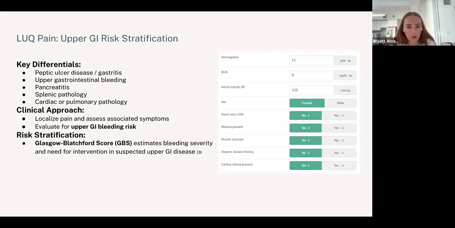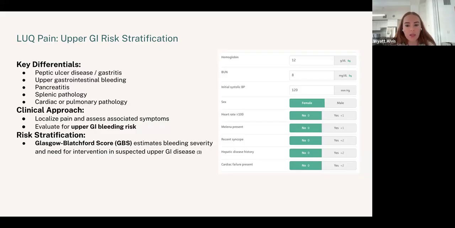So this is where our first algorithm or scoring tool can come into play, which is the Glasgow-Blatchford score. It's scored from 0 to 23. I just took a screenshot of one of the images of it and filled in the information. But obviously you could fill this out pretty quickly in the ED setting.